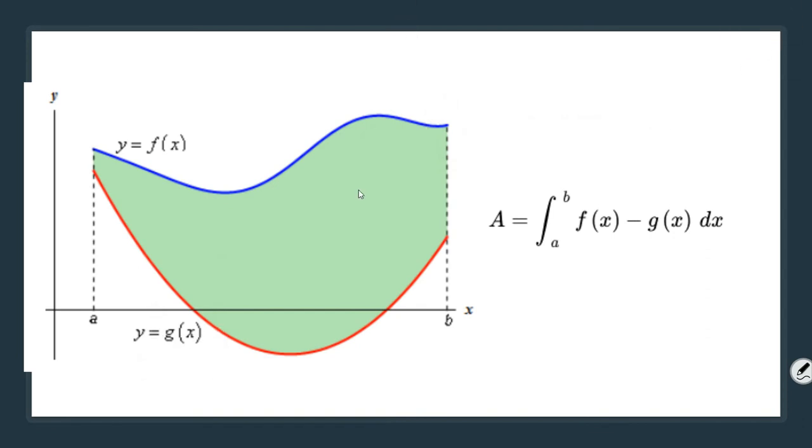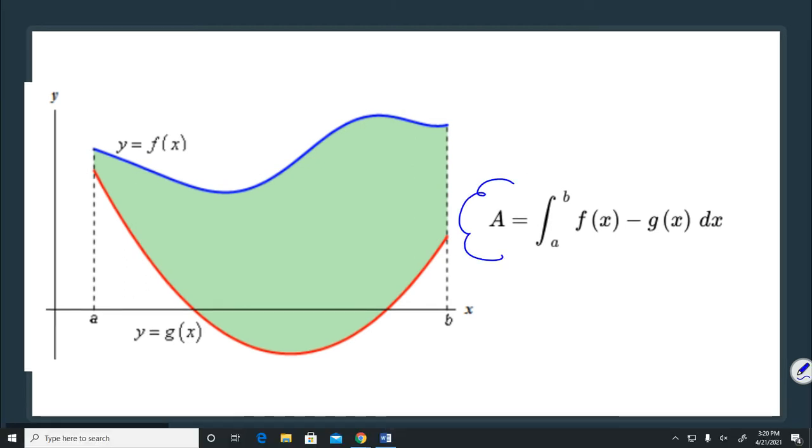Well, today, instead of finding the area between one curve and the x-axis, we will be finding the area between two curves. And the way we do that is with this formula when we are working with respect to x. I'll take the definite integral from a to b, so from the boundary.